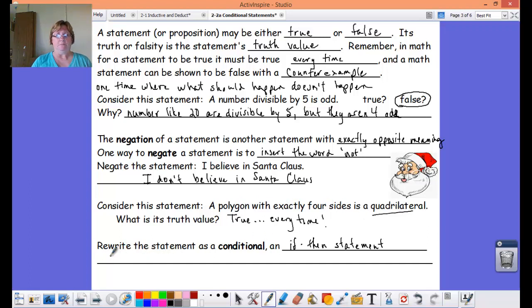So our if statement, the hypothesis of our statement, if a polygon has exactly 4 sides, then, according to this definition, it is a quadrilateral. So we took the statement, we inserted if and then in the proper places. The start of this, the hypothesis, has to be the starting object of the sentence. The conclusion has to be the ending.